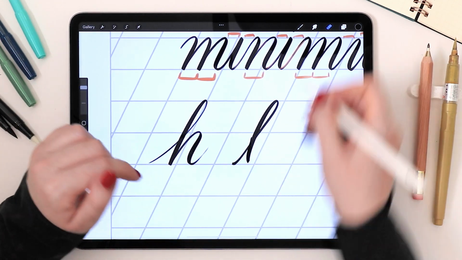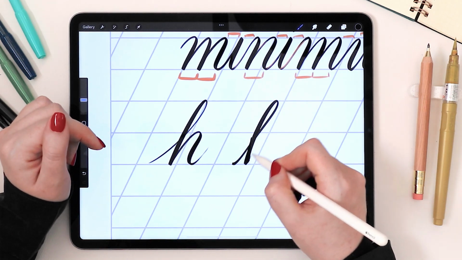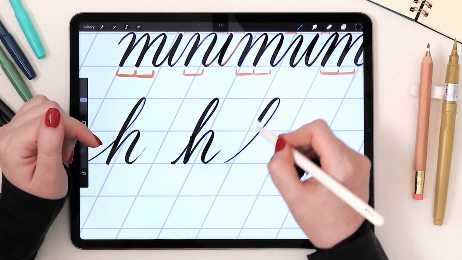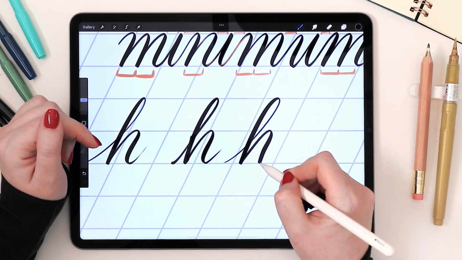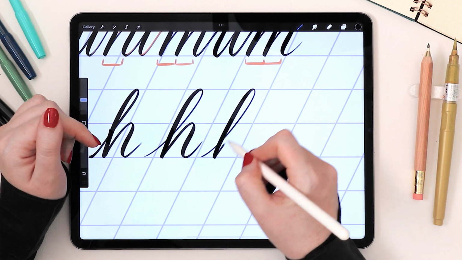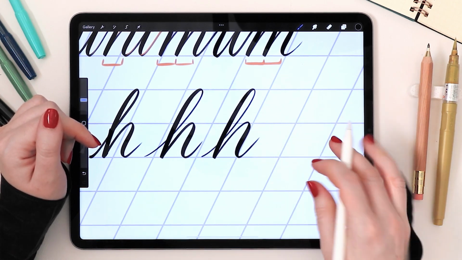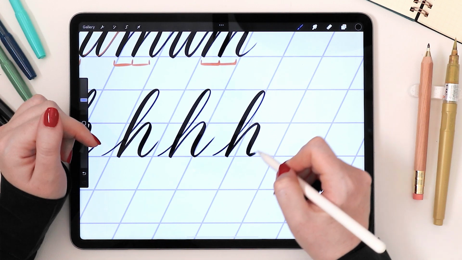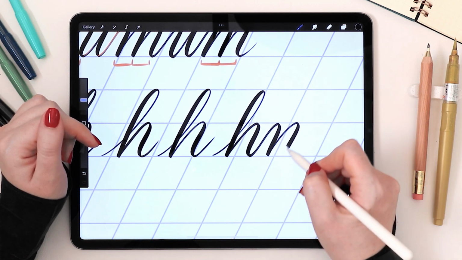It's just that the exit stroke comes up and out like an N. So down, up, overturn, up. Up, down, up, down, up. Let's combine these. This isn't a word, but it's just helpful practice.